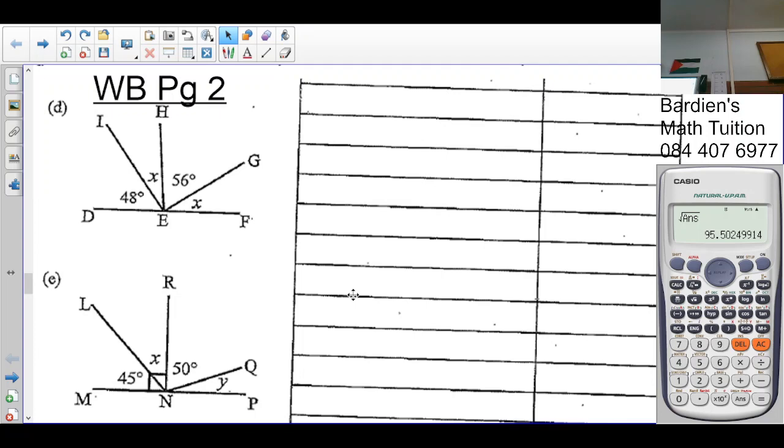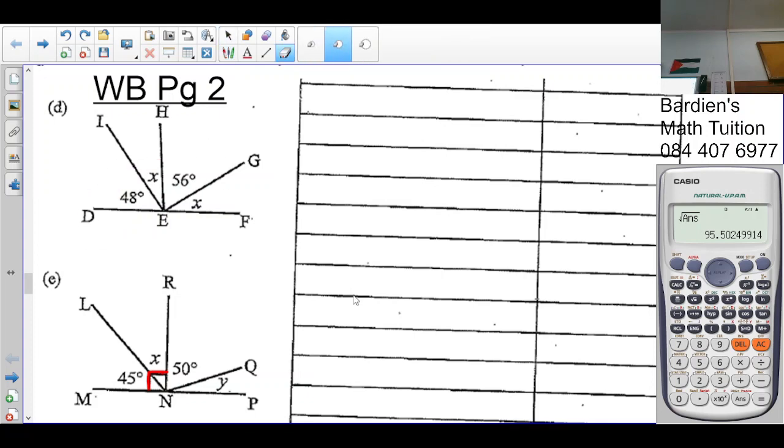Right, so who can tell me how I'm going to calculate x here? Yes? The angles on a straight line, not so? Or can I say that they add up to 90? No, you can't just assume. Like here in the corner, you see there's 90, so now we know that's 90. You can't guess.